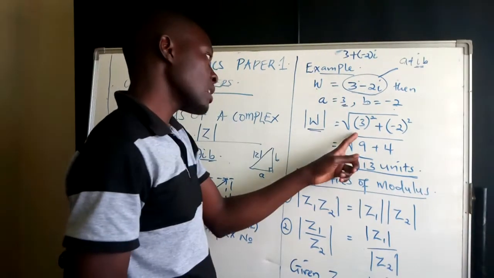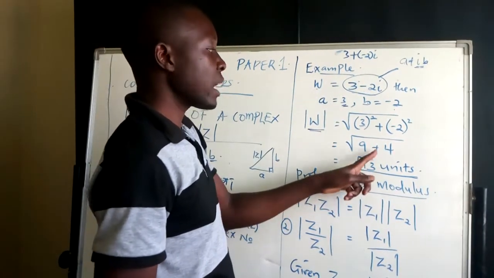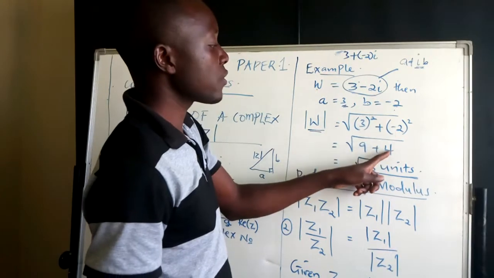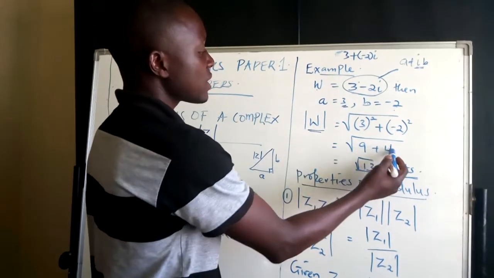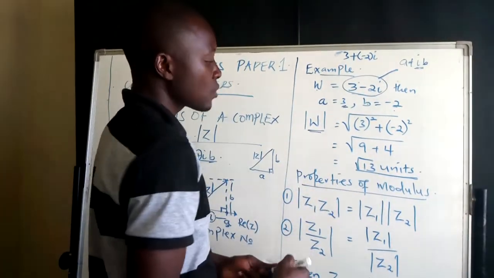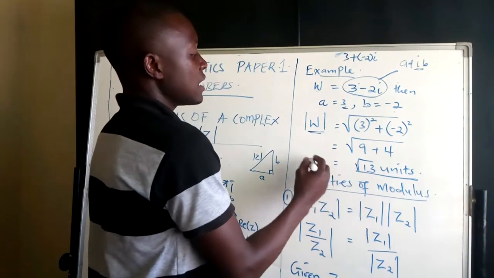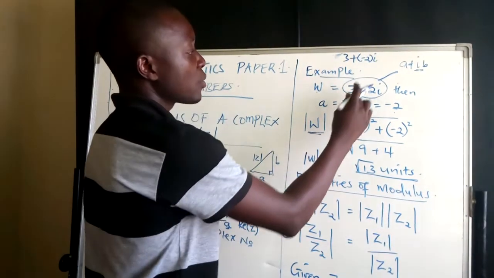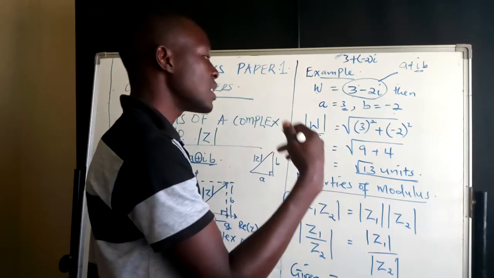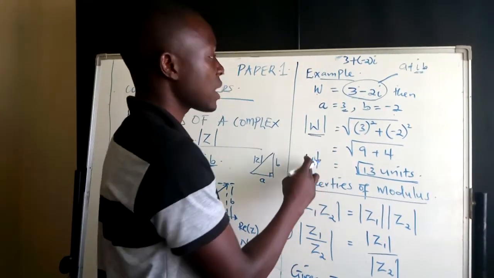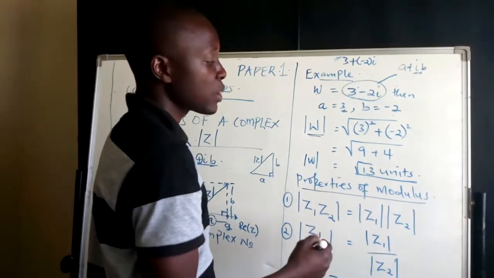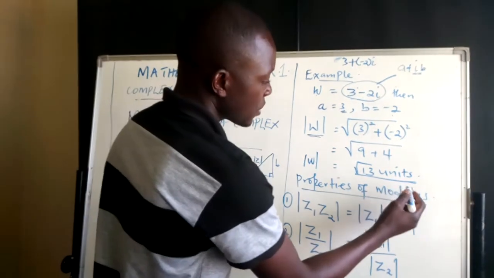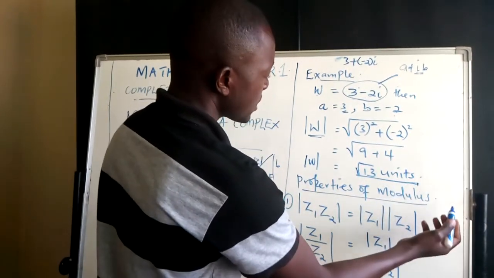So when we square 3, you get 9, plus when you square negative 2, you get 4, and when you add 9 plus 4, you get 13. So the root of 13 is the modulus of this complex number, or the length of the complex number w from the origin. Because it is a length, we put units.